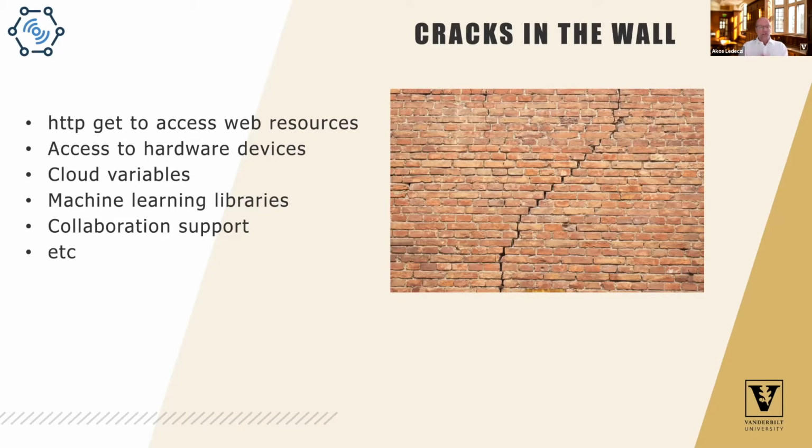We have seen wonderful demos of how to interact with hardware devices. Of course, we have cloud variables. I think people have been, at least in Scratch, abusing cloud variables to try to get some communication across projects running on different computers. Of course, many people are adding machine learning libraries. There is some collaboration support out there.